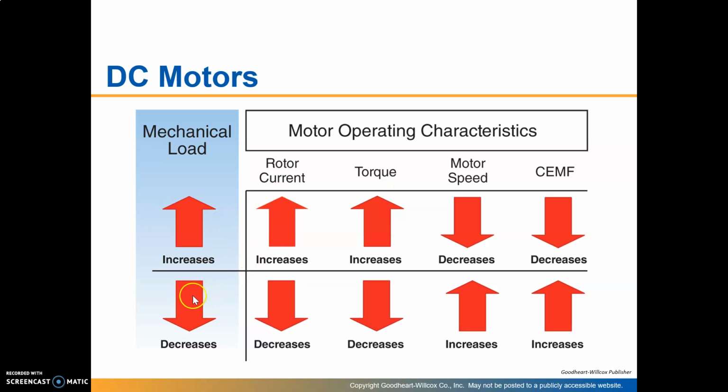Now, as the load decreases, the rotor current decreases, the torque decreases, the speed goes up, and the counter electromotive force goes up. So when you try to load a DC motor down, when you try to stop that thing from spinning, it's automatically going to try and draw more current to maintain its speed and produce more torque to try and get back up to what it wants to naturally run at.